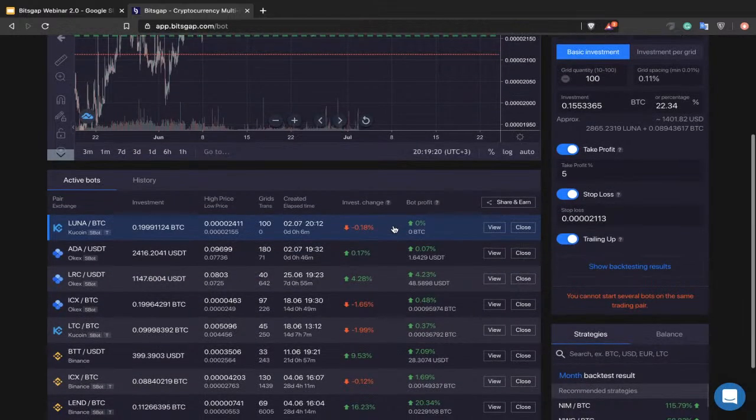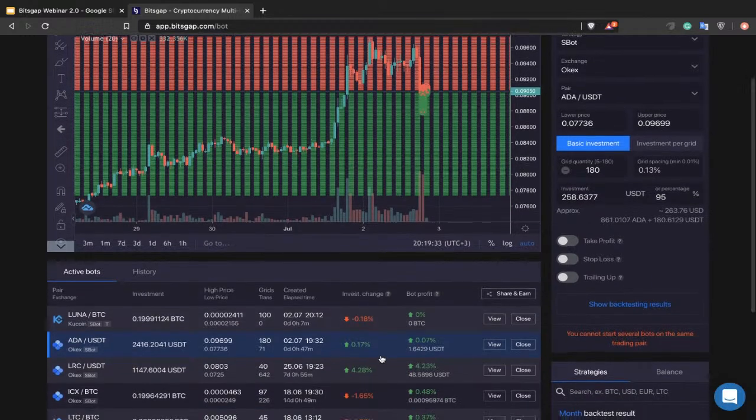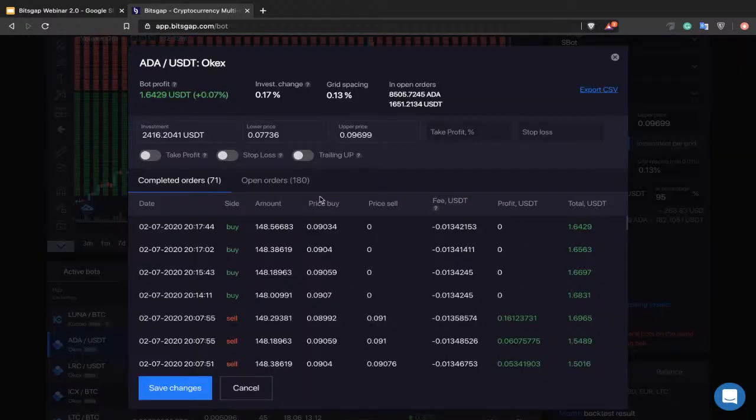And by the way, you see that we launched the bot 46 minutes ago, and it has already managed to make 71 trades. You see? So we are already up to 0.17%, and the bot has managed to make 1.64 USDT. All right, so that's for a period of only 47 minutes, and that's what we together managed to achieve today.